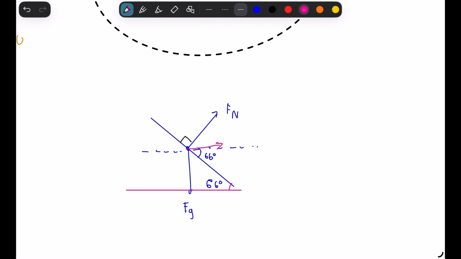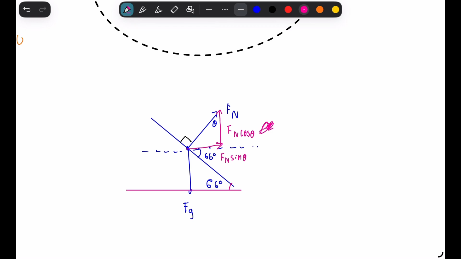If you connect a triangle up here, this will also be equal to theta. Then we can relate the sides using this side as Fn sine of theta, and this side will be Fn cosine of theta as your vertical component.